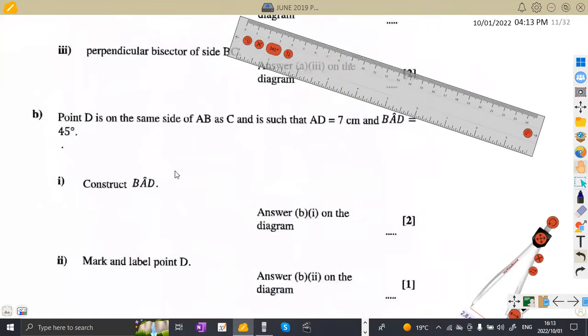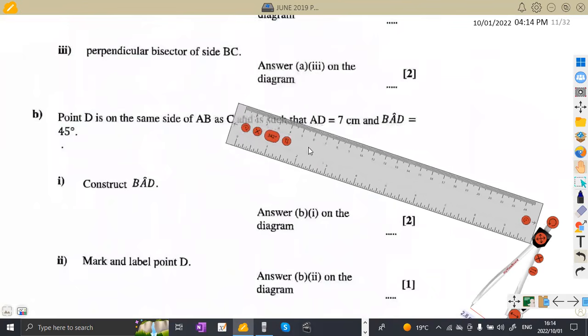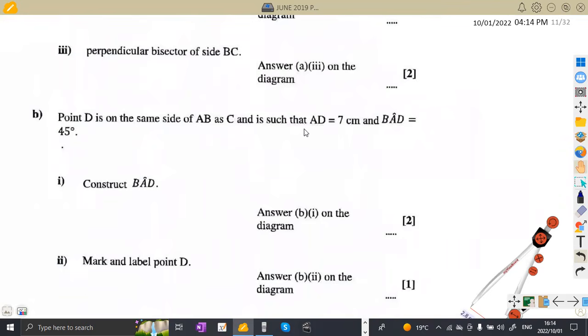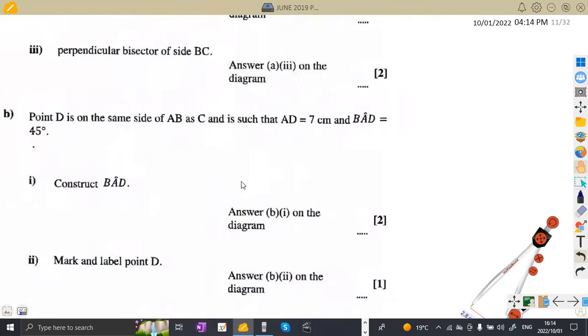Then, okay, we are given that D is on the same side of AB as C. And we are also given that AD is 7 centimeters. So we can now go back to that statement that AD is 7 centimeters. Now the question is to mark and label D. Since AD is 7 centimeters, this is what you're going to do.